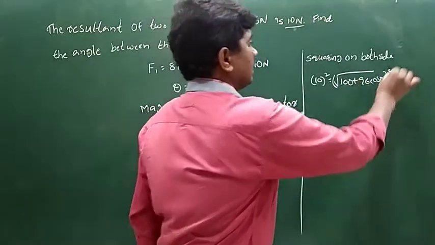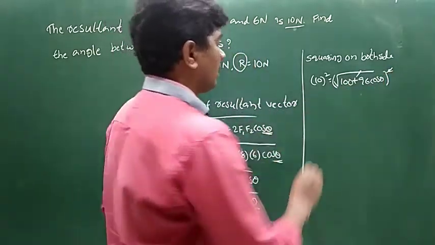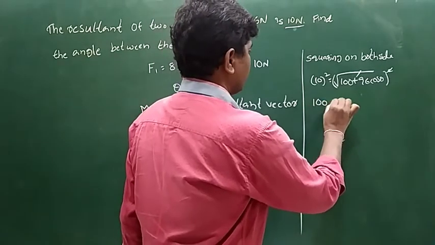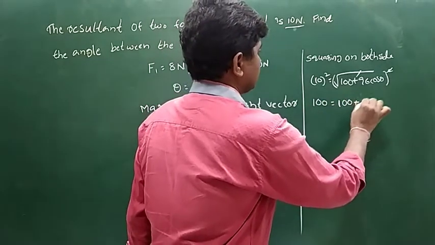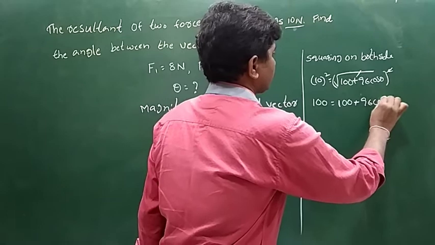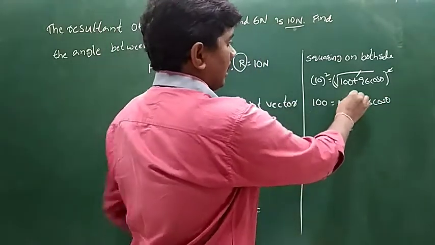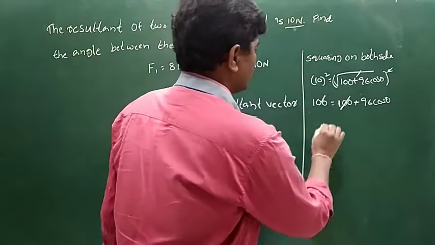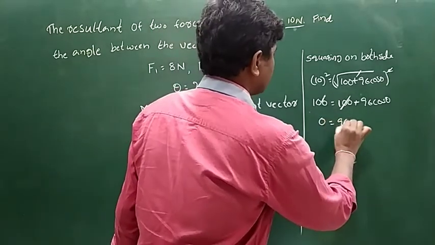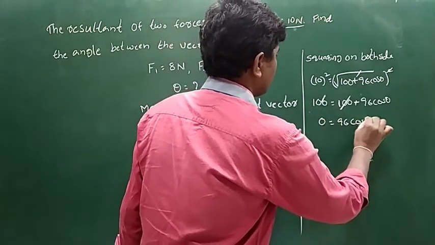The square root cancels. 10 square equal to 100. So 100 equals 100 plus 96 cos theta. LHS is equal to 100, RHS is equal to 100. 100 minus 100 equal 0. So 0 equal 96 cos theta.